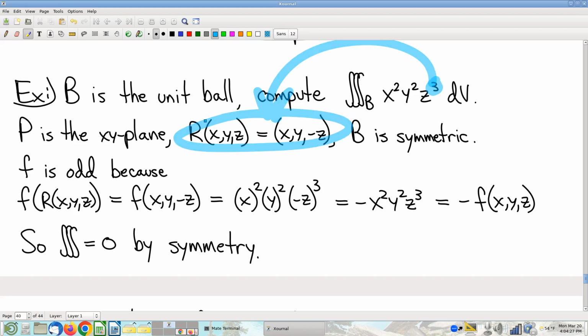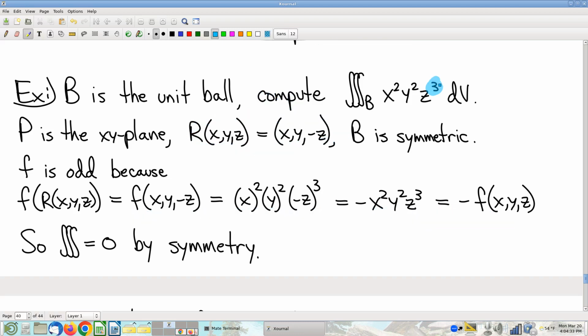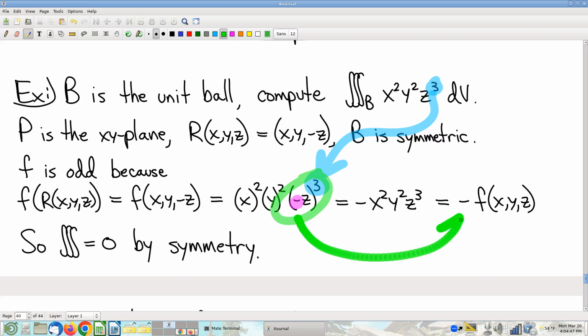Okay, yeah. Because I was kind of anticipating this algebra, right? And in particular, I was thinking, okay, this cube here is going to go there in this process. And if my reflection gave me a minus sign here, then I would see, well, I'm going to have a minus cubed, and a minus cubed is a minus, which is what I want.